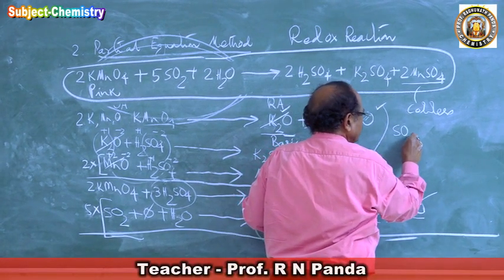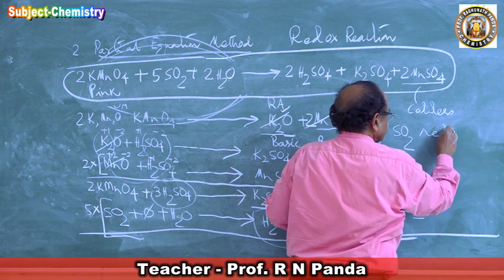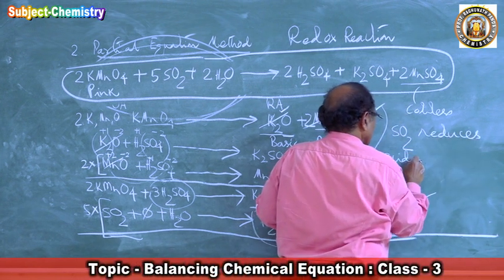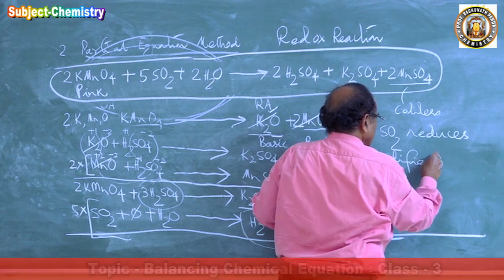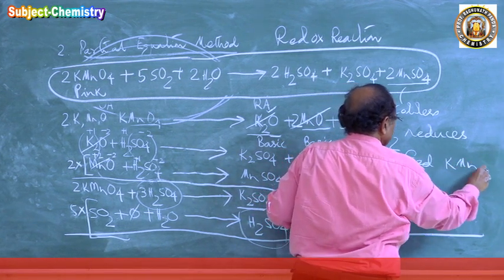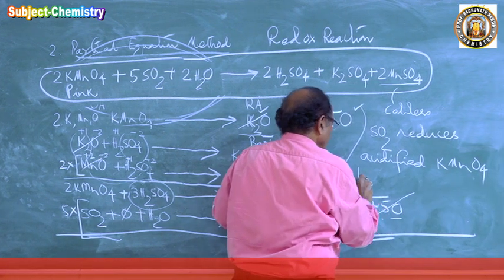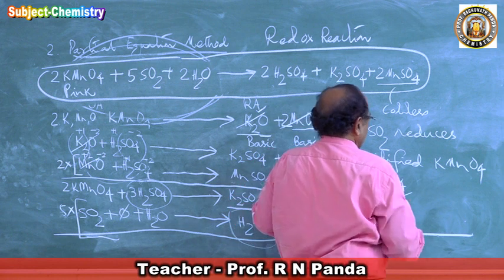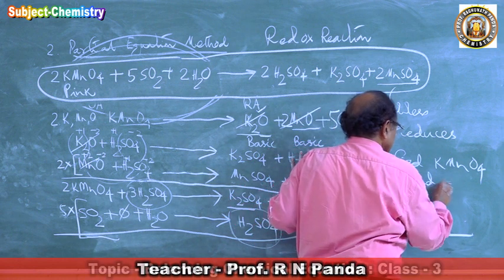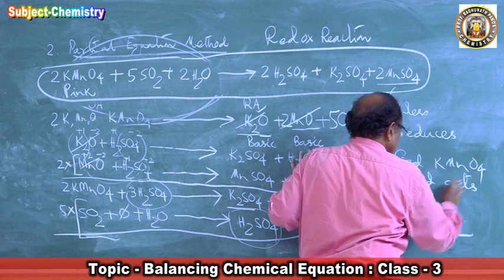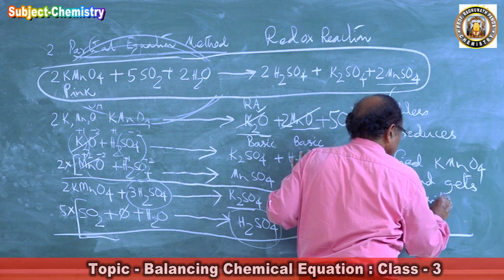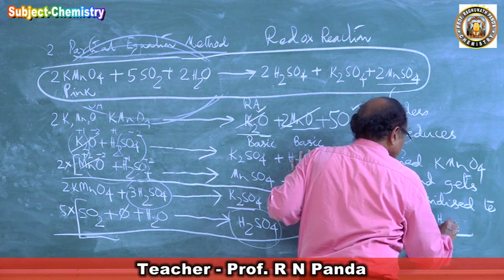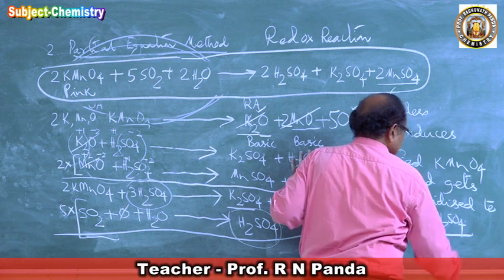Sulfur dioxide reduces acidified KMnO4 to MnSO4 and gets oxidized to sulfuric acid.